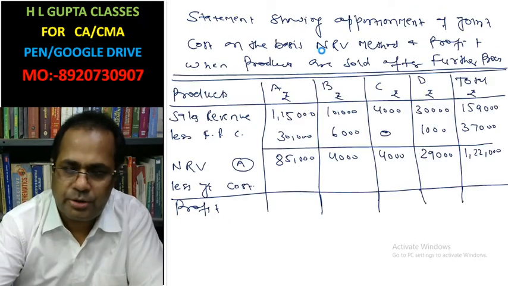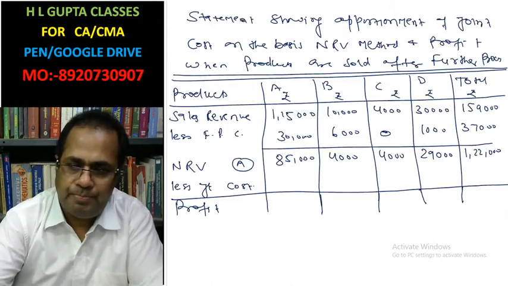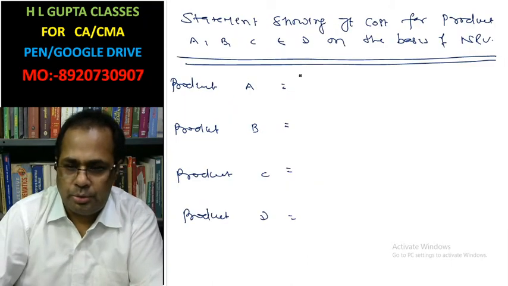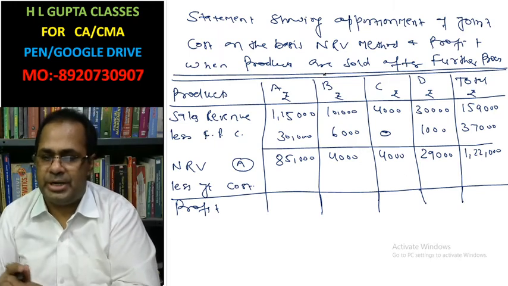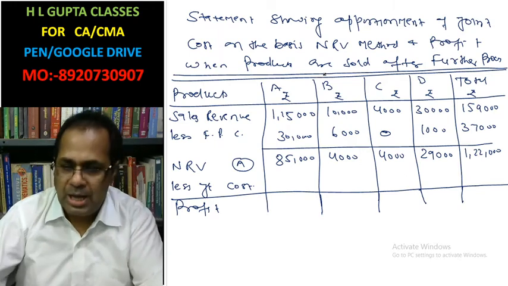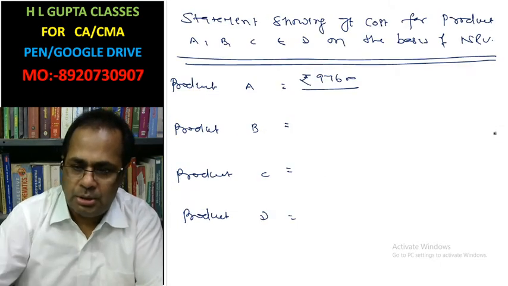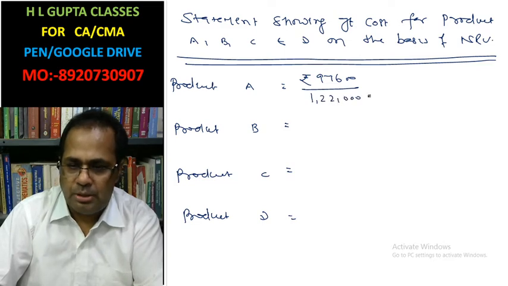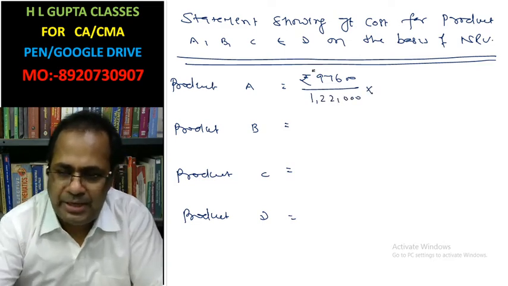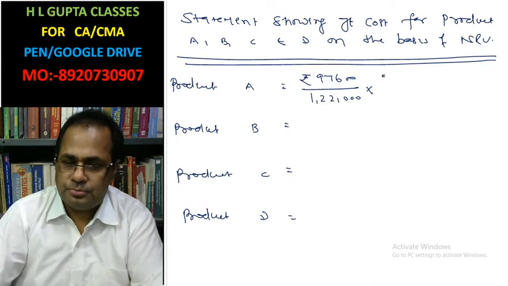97,600. This is a joint cost, rupees 97,600. This you have to distribute on the basis of net realizable value, 1,22,000. You write here 1,22,000. On the basis of A, what is A here? 85,000.